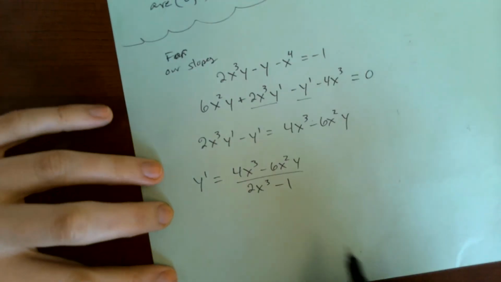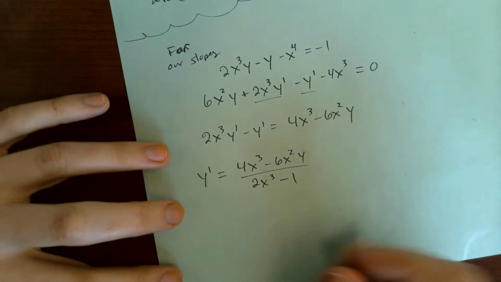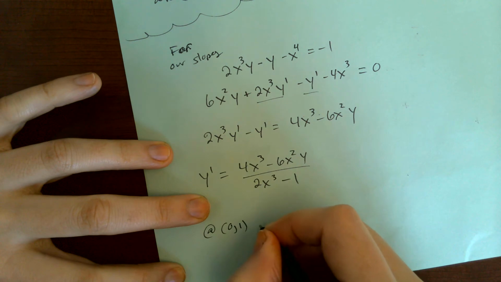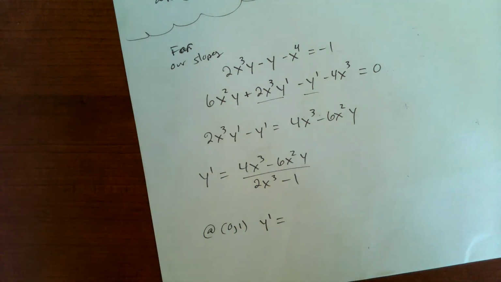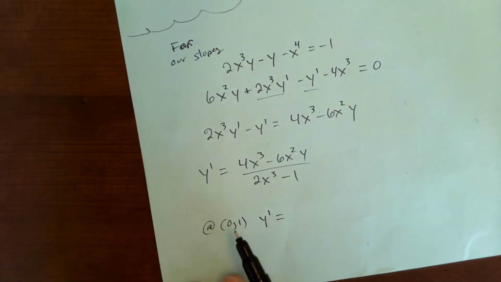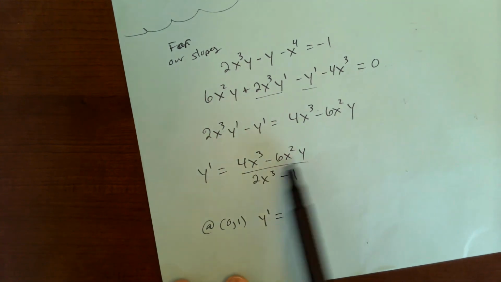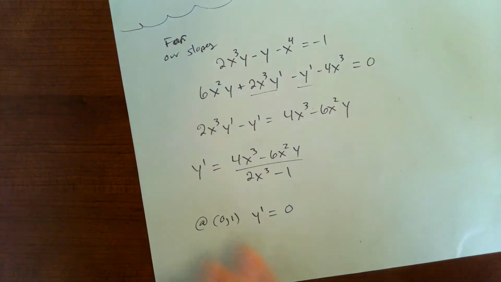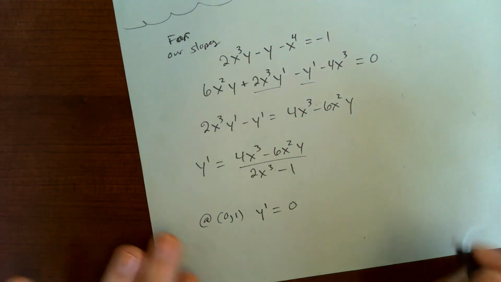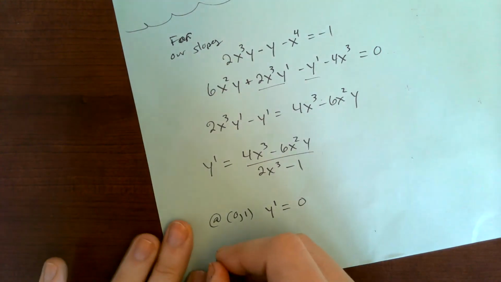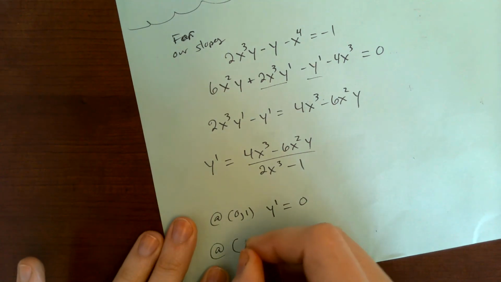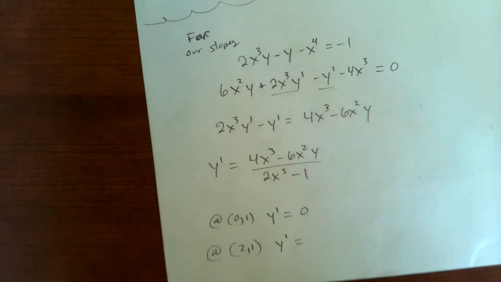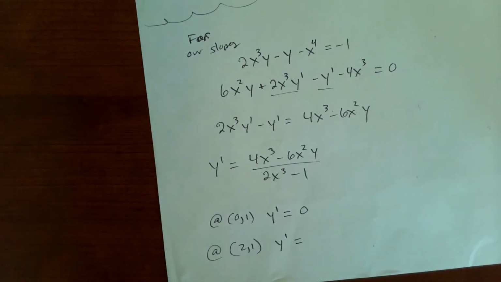And now let me find the slopes at those points. So at 0, 1, y prime equals, so I'm plugging in 0 for x and 1 for y. We actually just end up getting 0. And then at 2, 1, what does y prime equal?